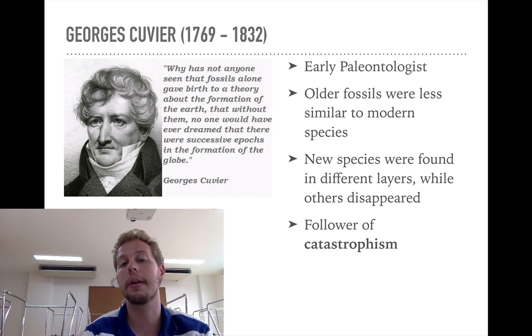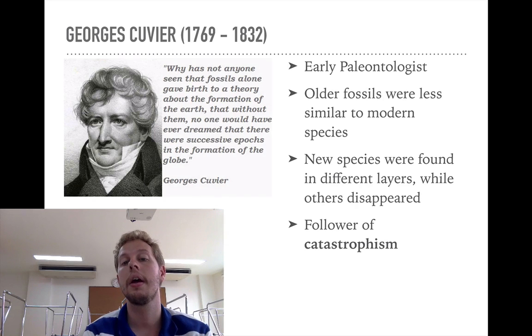He was one of the earliest paleontologists. He spent his time studying the fossils in the different strata of the sedimentary rock found outside of Paris, his home city. And he came to a couple of conclusions based on looking at the fossils that were in this rock.